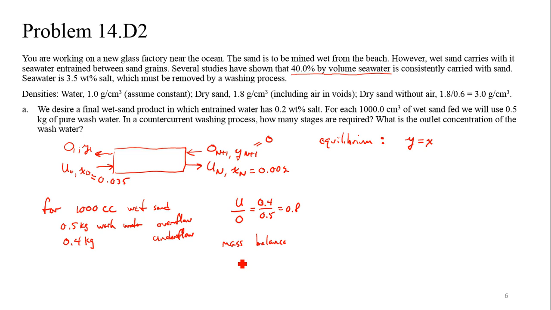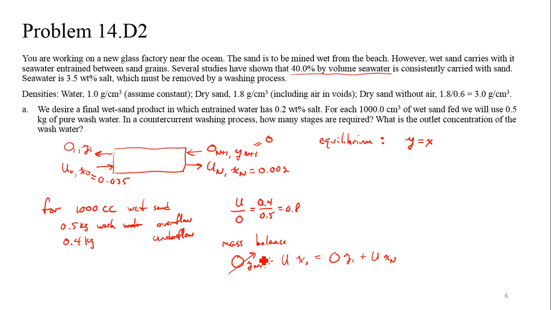And it would say something like O times yn plus 1, that's going in, right, plus u naught times x naught, is equal to O1 y1, or just O, right? I don't really need a naught on these. Probably should get rid of those, because they're constants in our problem. So this is O y1 plus u times x sub n.